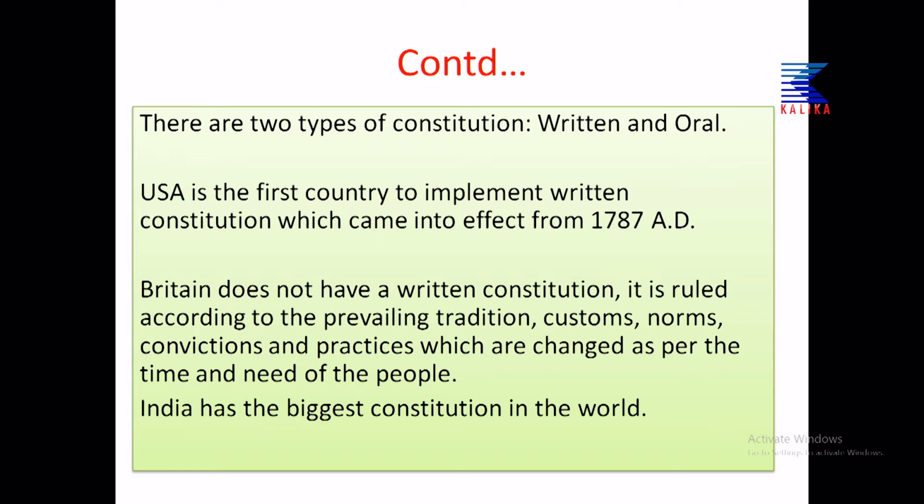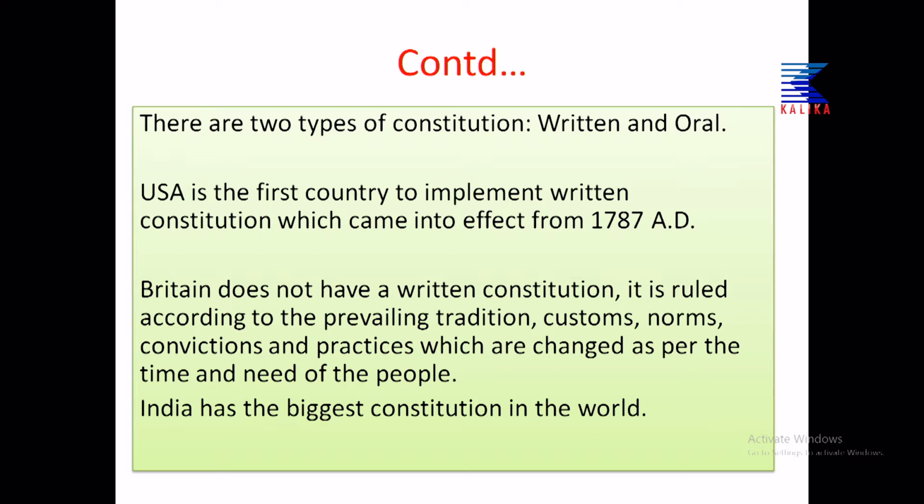So, you can see the USA is the first country to implement a written constitution, which came into effect in 1787. So, we can say the Constitution of the USA is the oldest constitution of the world.